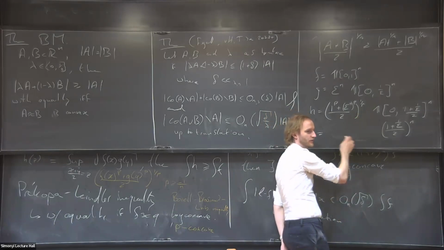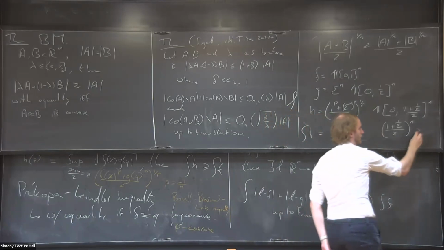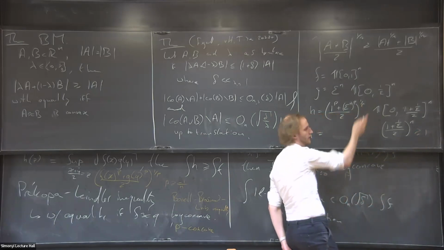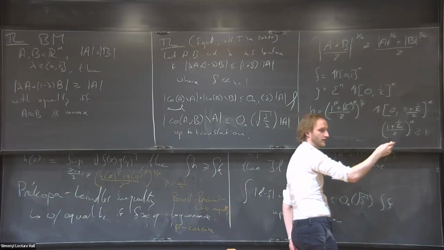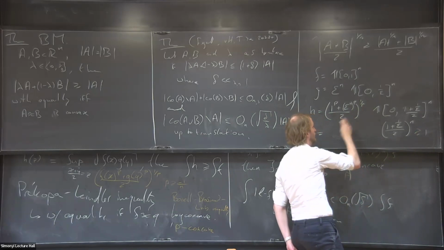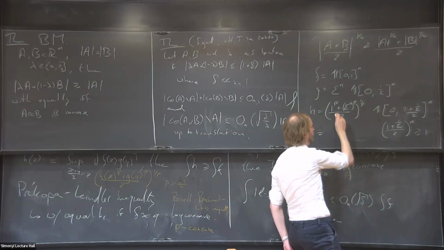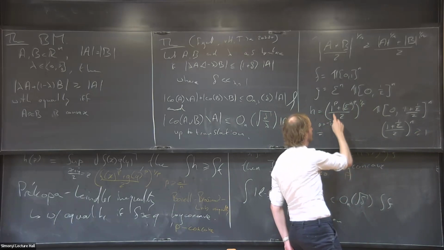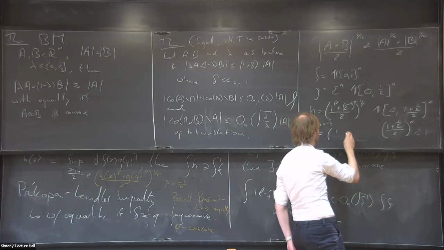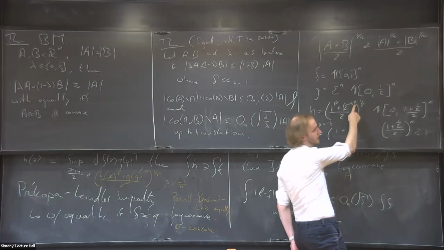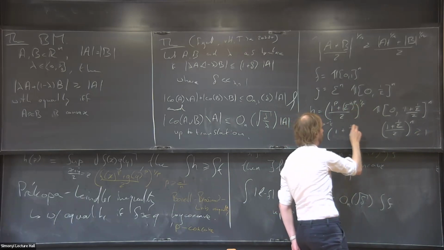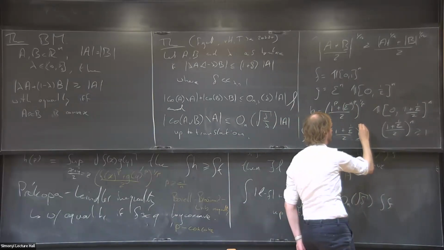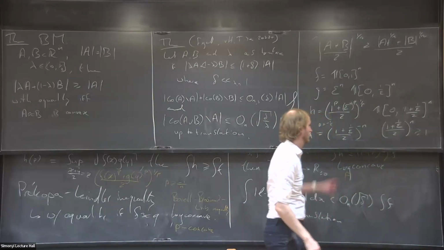The smallest p for which this is still at least 1 is exactly -1/n. Because if p is -1/n, then this 1 to the p is of course just 1, this is going to be 1/epsilon to the -n, and these two cancel.